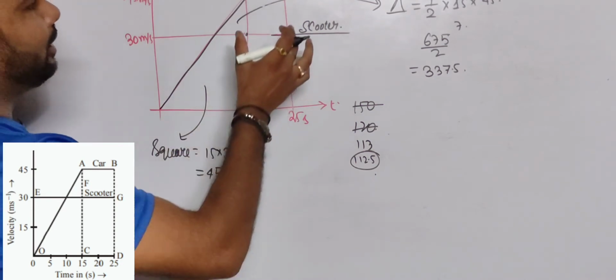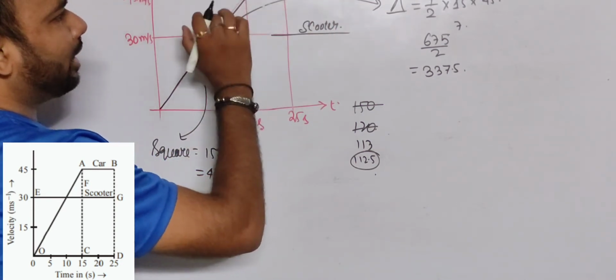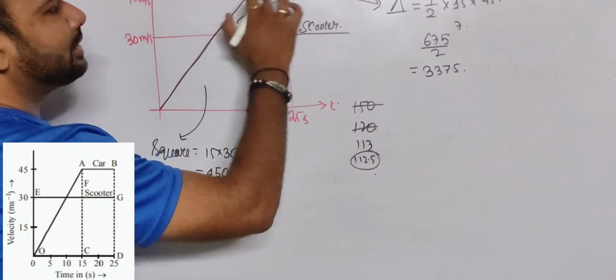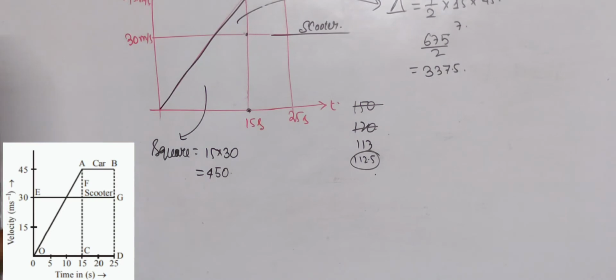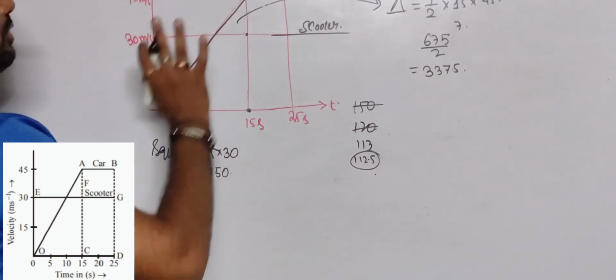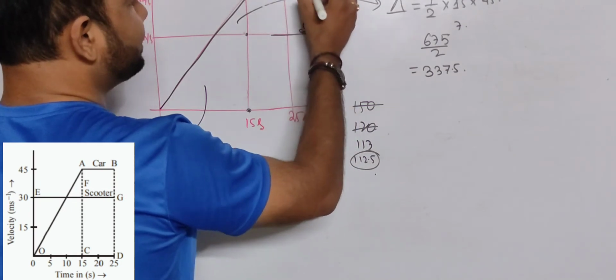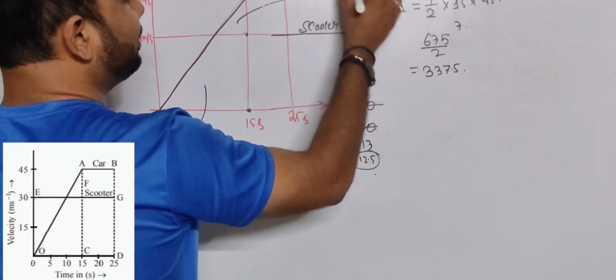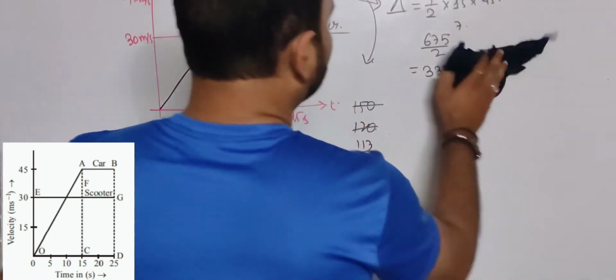In T seconds, the distance covered by the car is 45 into t, because this is a straight line parallel to the axis, constant velocity. Let us consider this is the T second, the distance covered will be, let me remove this.